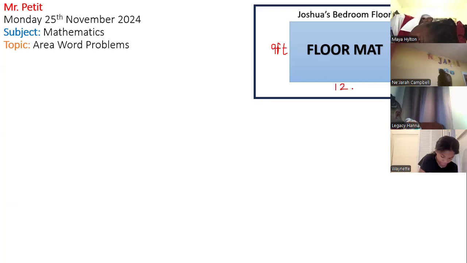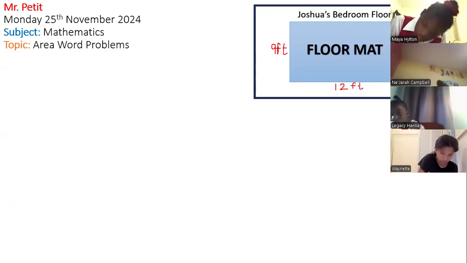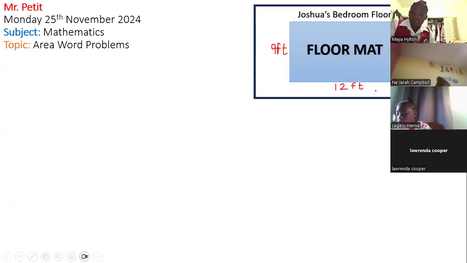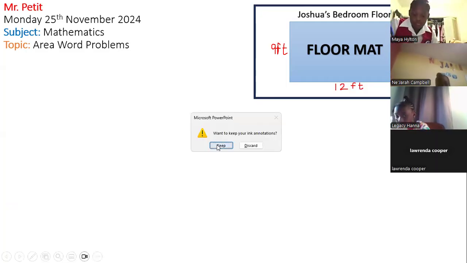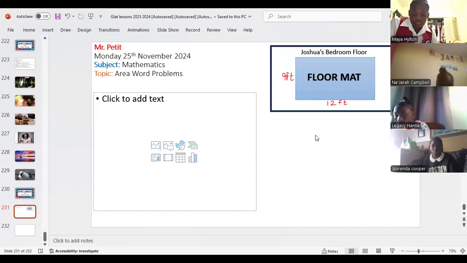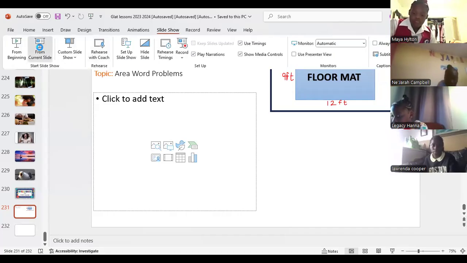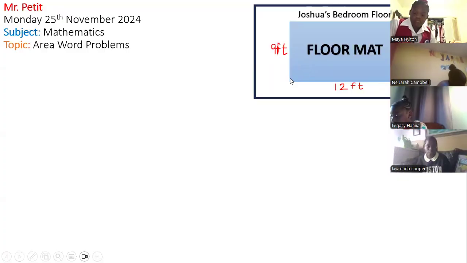What does that say at the top? One second. Can you see it now? Yes, sir. Thank you. Joshua's bedroom floor. And then on the side is 9 feet. At the bottom here is 12 feet.